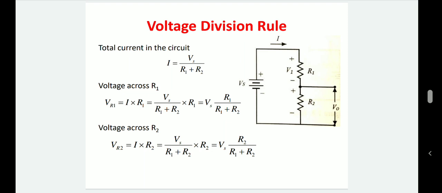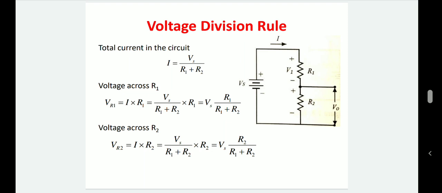But if we know this voltage division rule, we can directly find the voltage across the resistance R2 without finding the current flowing through the circuit. This is the advantage of the voltage division rule. Without finding this current, we can find the voltage across this resistance R2.